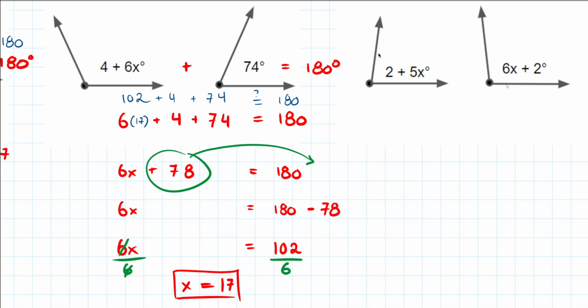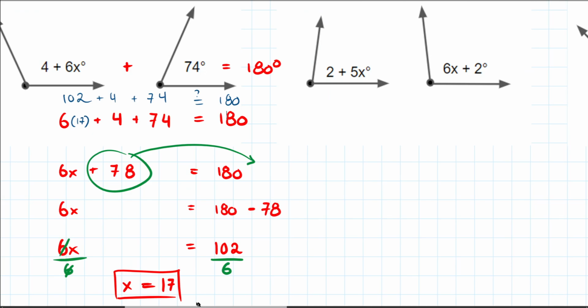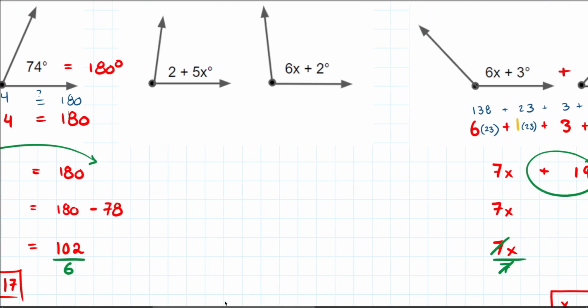All right, last one and the most difficult of the practice problems here. Let's see if you have mastered this. Let's find out. Again, they're complementary. Or no, they're supplementary. Meaning if I add them up, they will equal 180. So I can put that equal sign and start solving this mystery. First thing I'm going to do is reorder variables next to each other, constants next to each other.